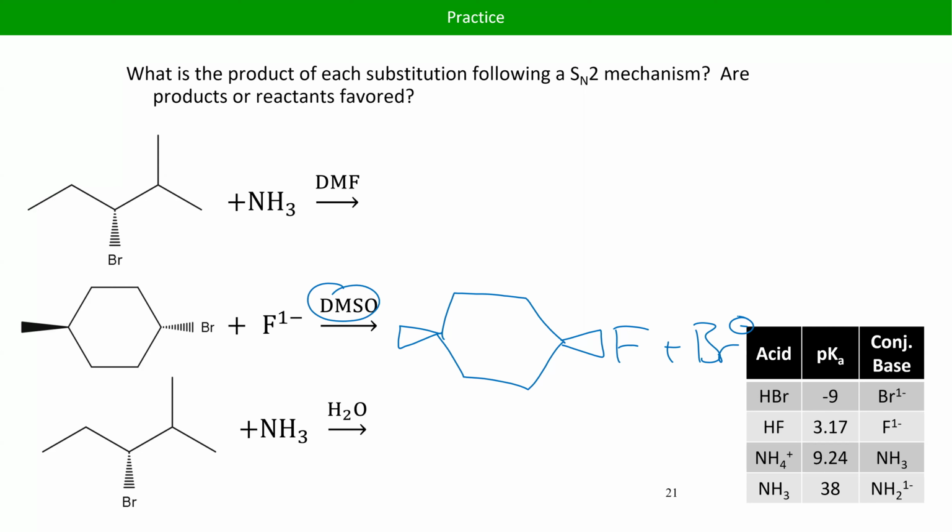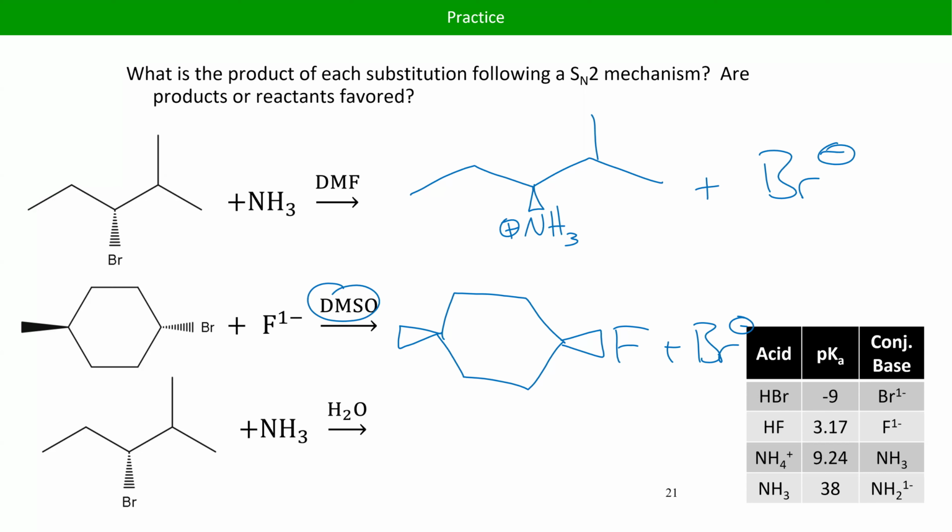Yeah, I'm confused. Did I say it wrong in the first one? So we're favoring the left side on both of these so far. No. Products is the right side. But I thought for the first one we favored the other one because there were no charges. No, because bromide's a weaker base, so it's a better leaving group.